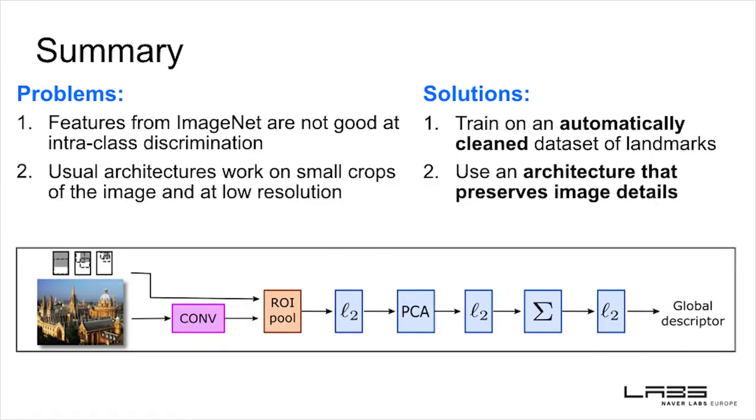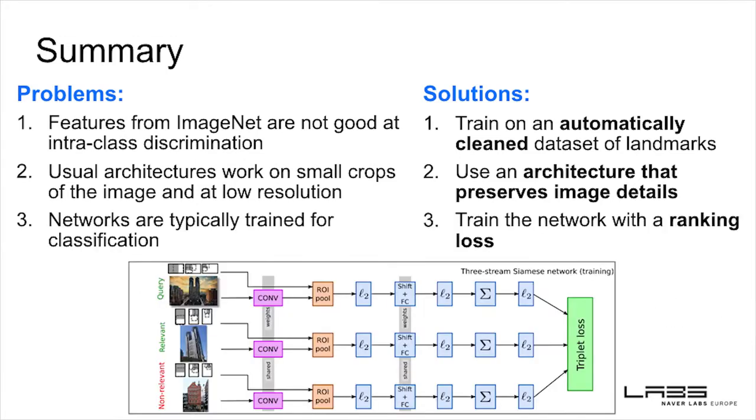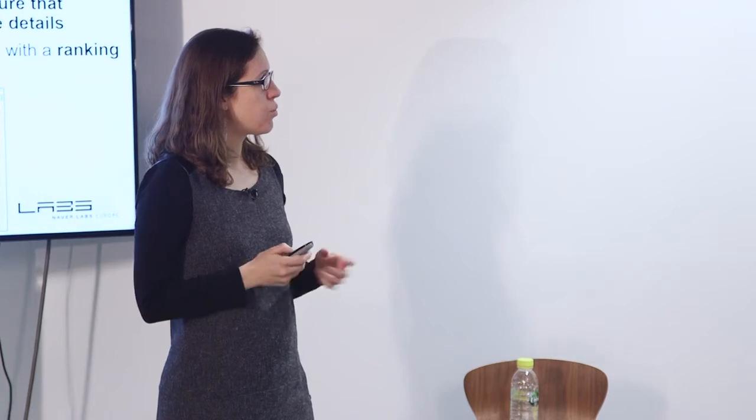Then, instead of using an architecture that loses details, we use this architecture that preserves image details because it really pays attention to everything, takes full images and extracts regions. And finally, to train this representation, we use this Siamese network that is taking 3 images at the same time and is learning how to rank images properly. So that's for the summary.